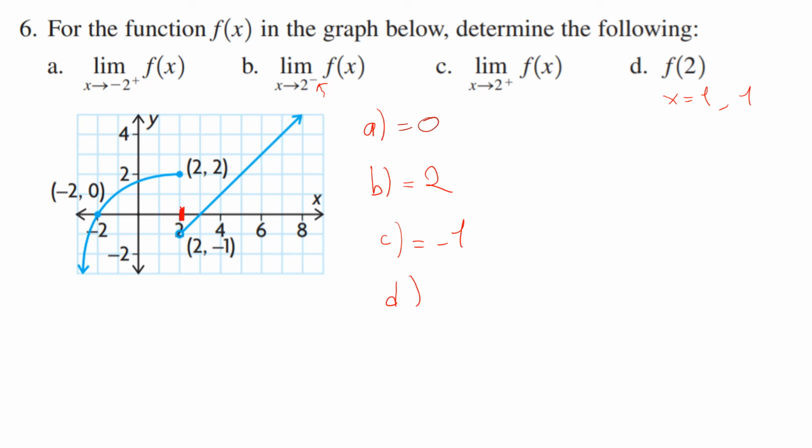Remember, when it includes 2, when it's at 2, it has to be a filled dot. From these two solutions, I can see this is unfilled, so it doesn't include 2. It cannot be there. So automatically I say, okay, my value for f(2) is 2. So my solution for D would be 2.